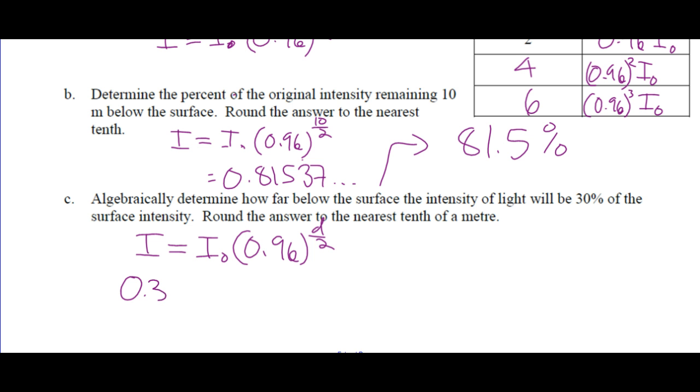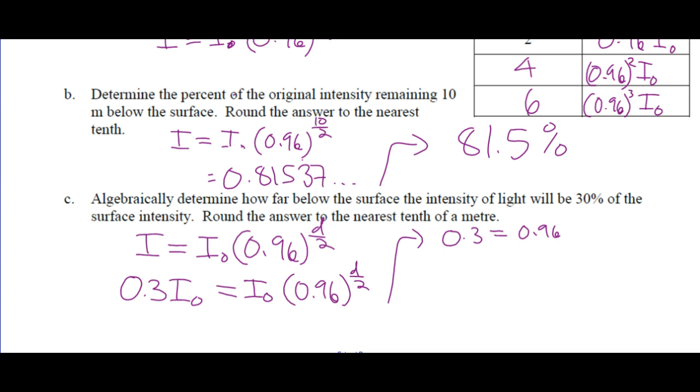I want 30% of the original intensity, which would be 0.3 I naught. So essentially, divide both sides by I naught. It doesn't matter what the original intensity is; it just goes away. So 0.3 is 0.96 to the D over 2.